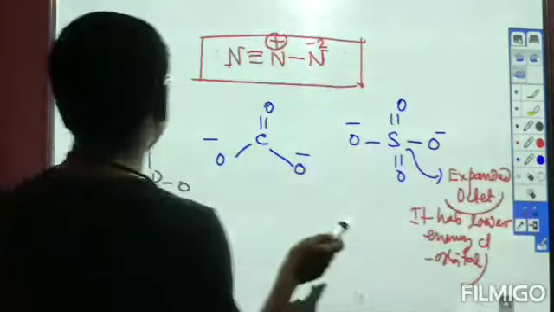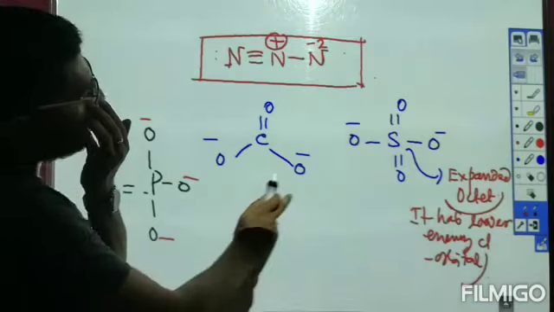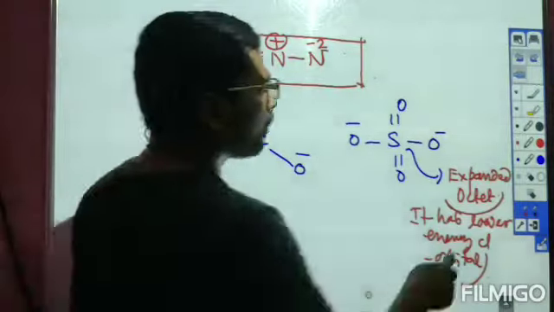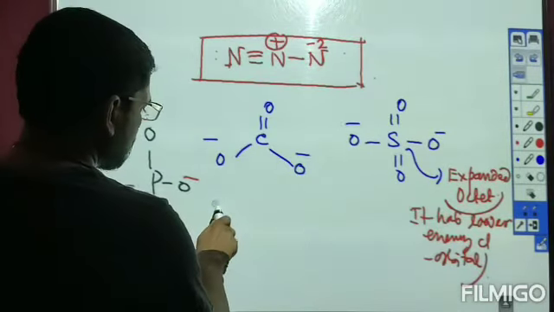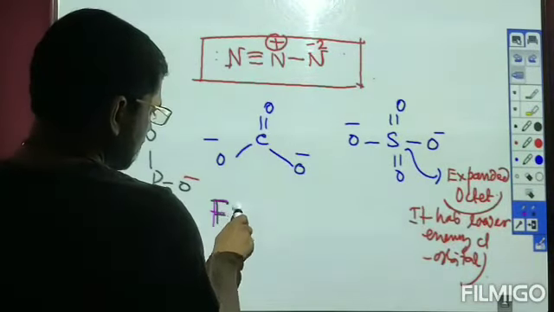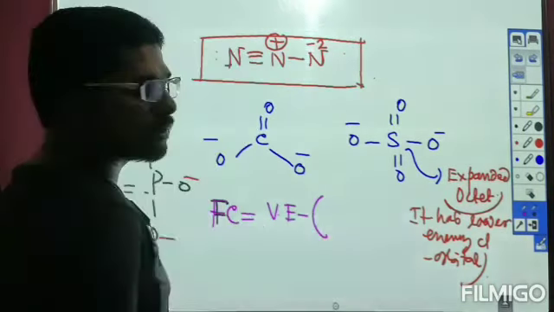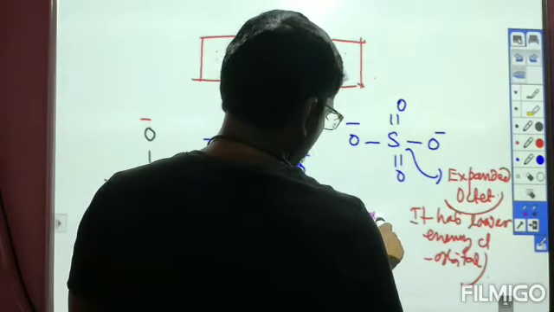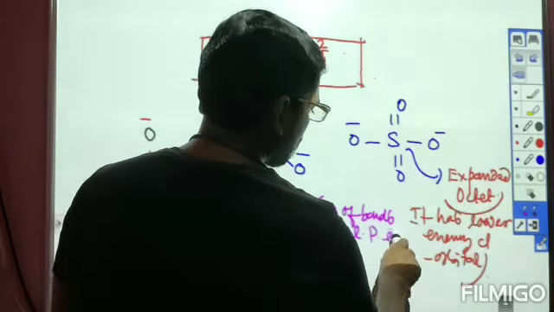So what will be the formal charge on the element? Now how about the formal charge on sulfur? We have to follow a formula. That formula is: formal charge equal to valence electron minus number of bonds plus lone pair electron.